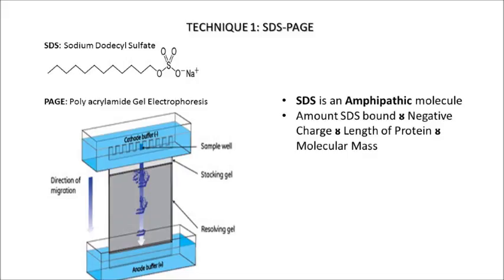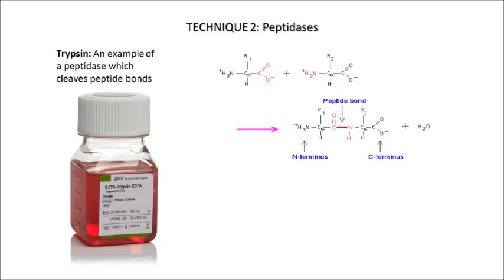So the deciding factor is how well the protein can migrate through the gel, and smaller proteins will migrate a lot faster than bigger ones. So we tend to see bigger ones at the top and smaller ones at the bottom. Okay, and that's some hints about SDS page.